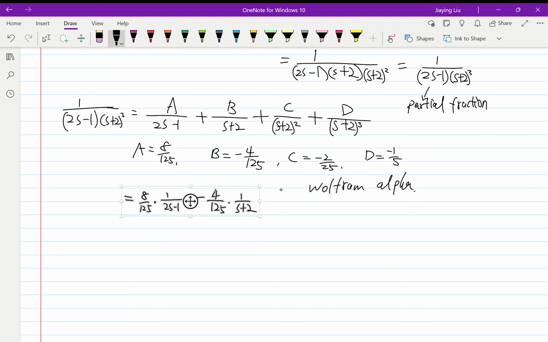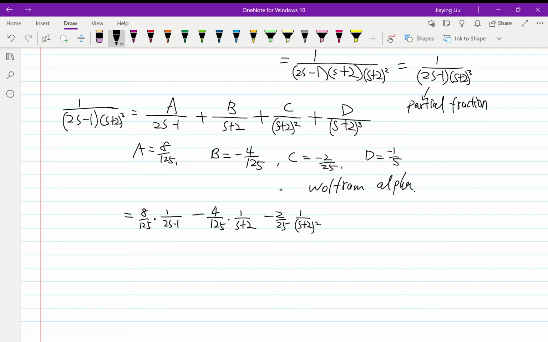This is just personal preference. You can definitely put it in the numerator if you want. So minus 2 over 25 times 1 over (s plus 2) squared, minus 1/5 times 1 over (s plus 2) cubed.